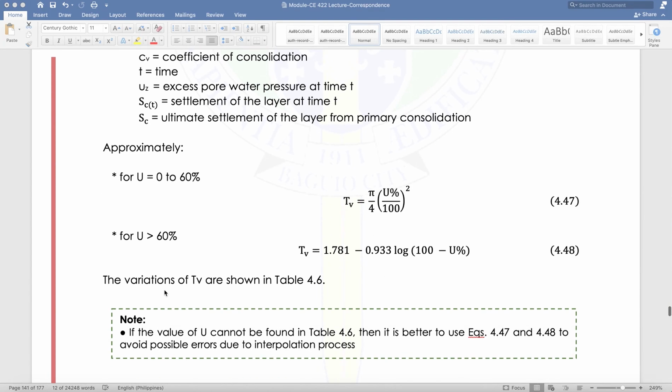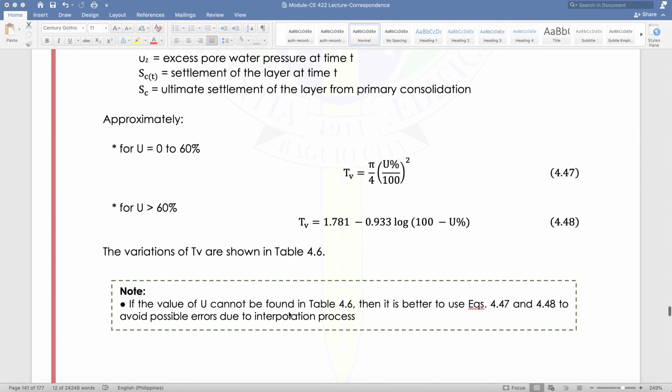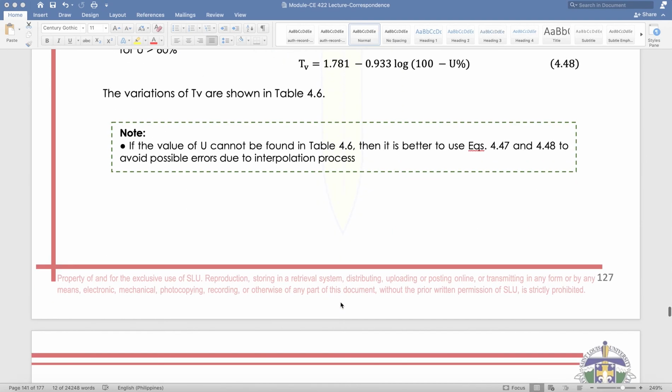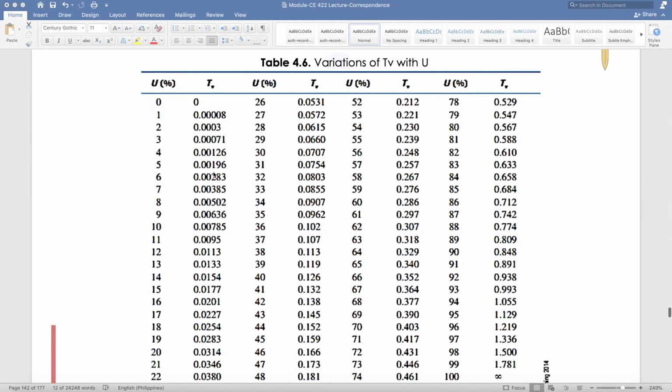Okay. The variations of Tv are also shown in table 4.6, but if the value of U cannot be found in table 4.6, then it is better to use equations 4.47 and 4.48 to avoid possible errors due to the interpolation process. So this is table 4.6. So if we have our U, then we can now have our Tv here.